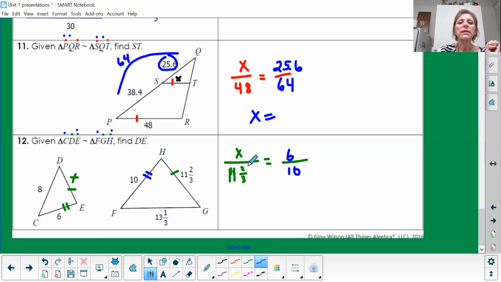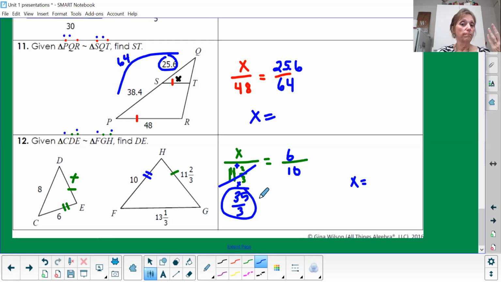Remember that if you have a mixed number that you want to make it easy to put on a calculator, you want to multiply 3 times 11 is 33, and then 33 plus 2, so you add up here, and you get 35. So I'm going to say 35 over 3. Now I'm going to circle it because that's what you got to put in your calculator first.